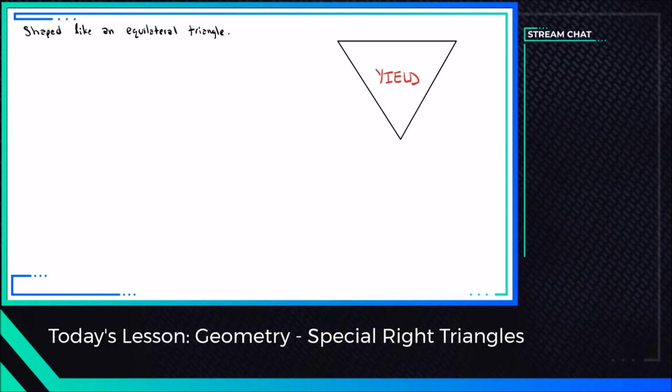And we're going to try to find the area of this triangle. And we're only given one side, and that's 36 inches here on top.